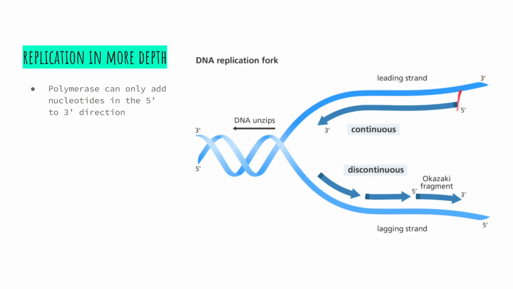So the polymerase can attach here and it'll add the DNA from the 5' to the 3'. In our strand that is going in this direction, it is known as continuous, and this is the leading strand. It's very convenient for the DNA. The polymerase can just keep on adding those nucleotides as the DNA unzips. It gets this continuous feed.